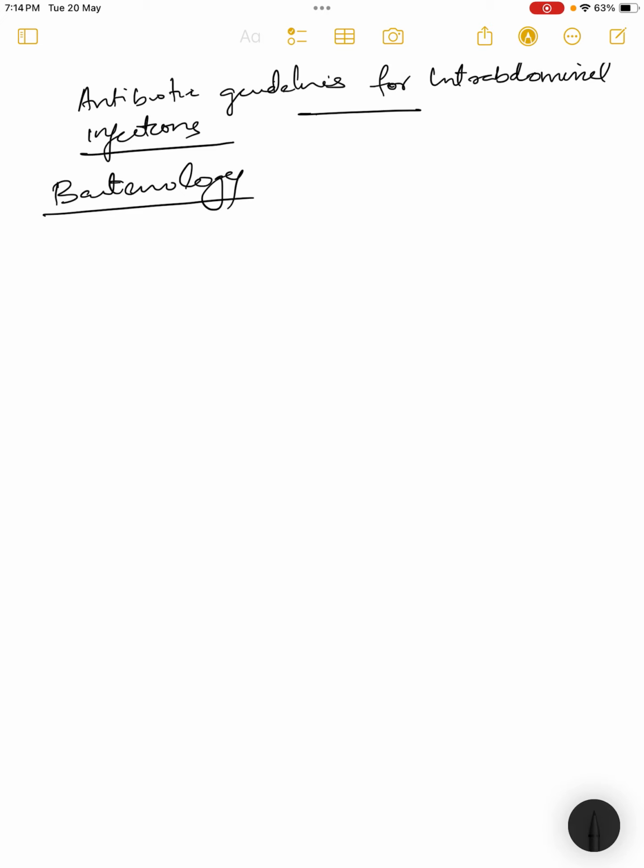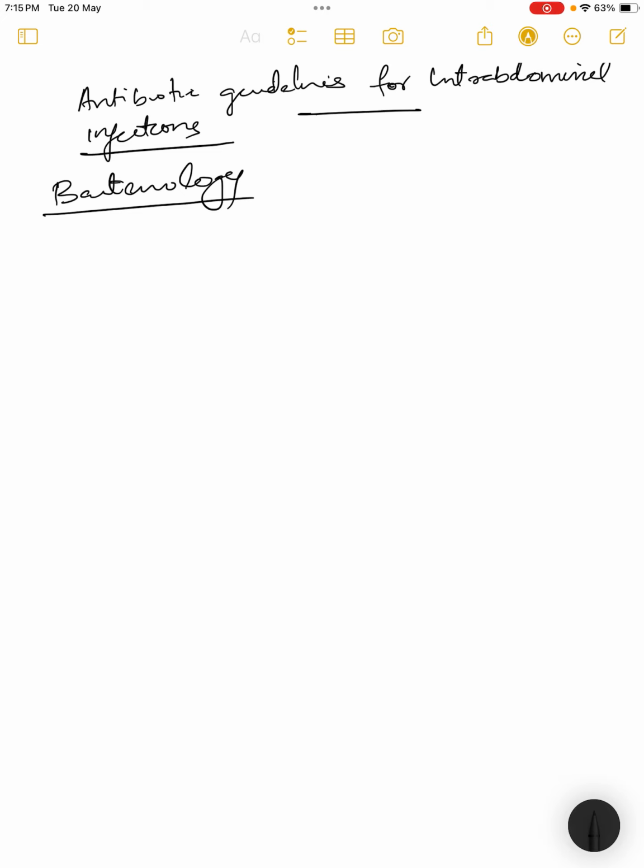Bacteriology means what are the common organisms and species causing intra-abdominal infections, and whether anaerobes are causing more, or aerobes, or gram positive organisms, or gram negative organisms, and we have to give empirical antibiotic therapy against that particular organism.